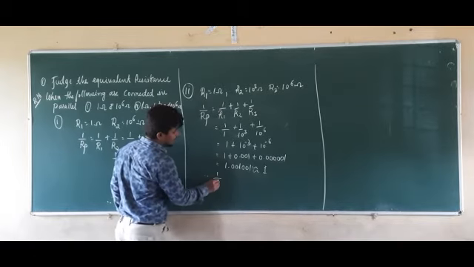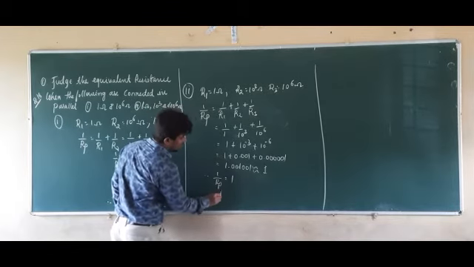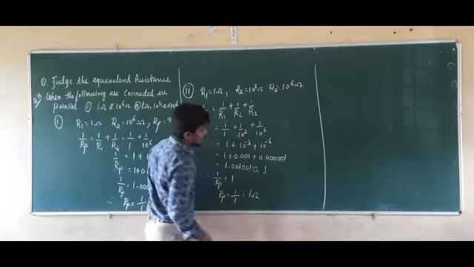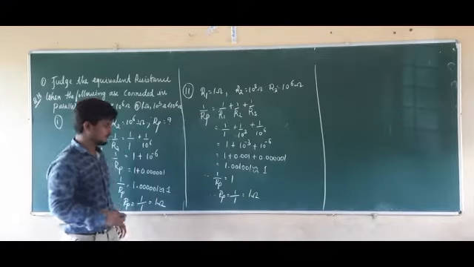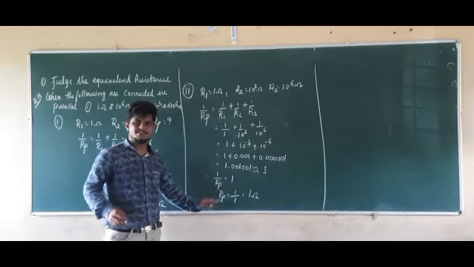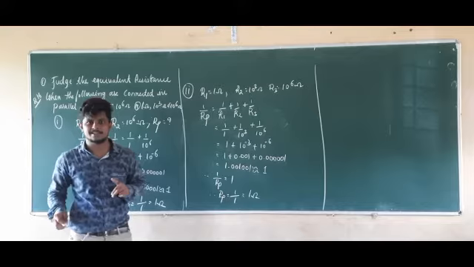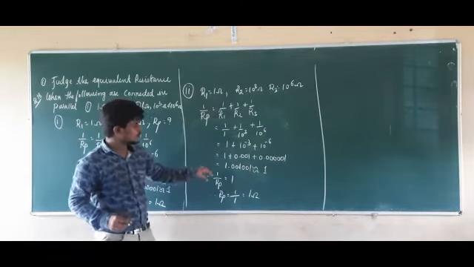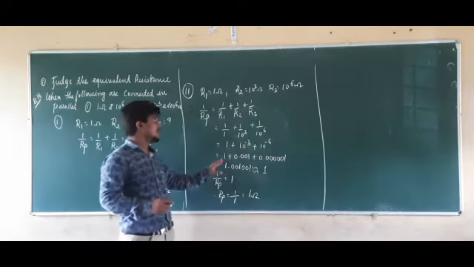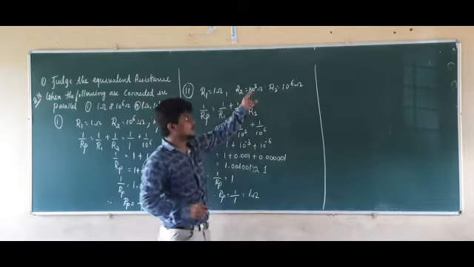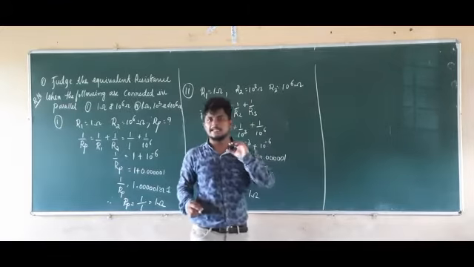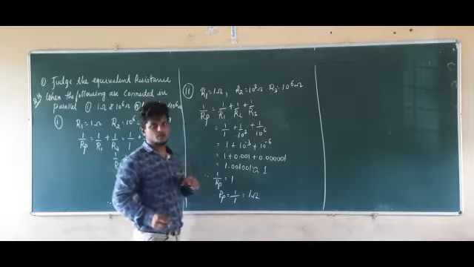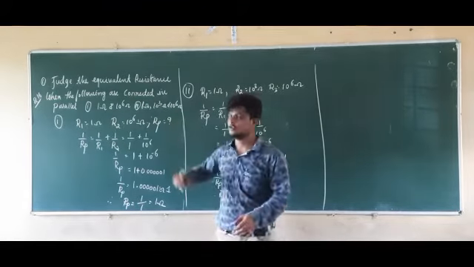Therefore 1 by RP equals 1, so RP is equal to 1 divided by 1, equal to 1 ohm. You will get RP as 0.99999 something like that, which is nearly equal to 1, and we are going to take it as 1 ohm only. So this is the effective resistance of the 1 ohm, 10 raised to 3 ohm and 10 raised to 6 ohm resistors which are connected in parallel. This is the answer for question number 1 on page number 216.